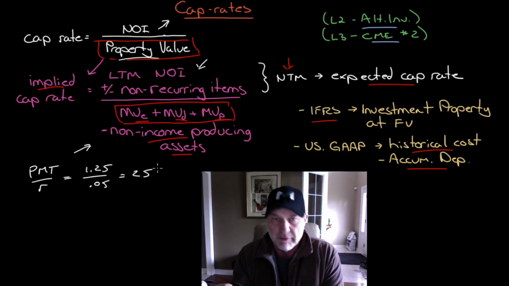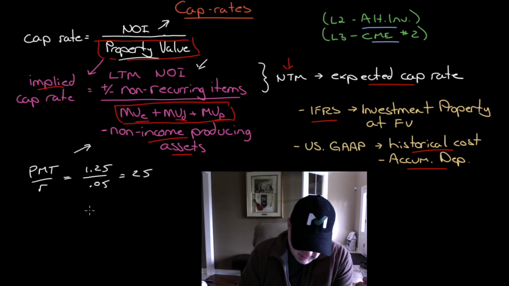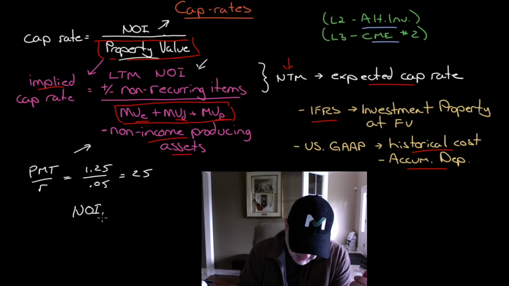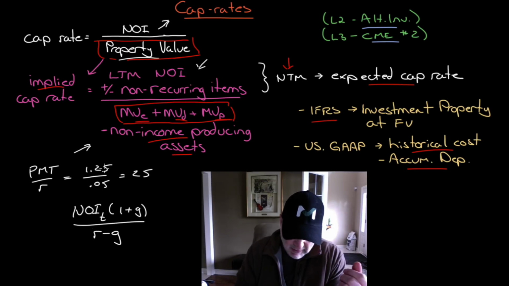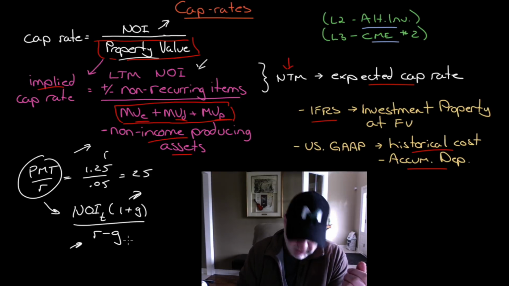Property is a growing perpetuity, but we've also seen this before in the Gordon growth model, what a growing perpetuity is. So for property, we would take our net operating income, and of course we want it to be the next period's net operating income. So if this is this period, we multiply by 1 plus G, and we divide it by R minus G. So this over here is our payment divided by R. This over here is our payment growing divided by R adjusted for growth.